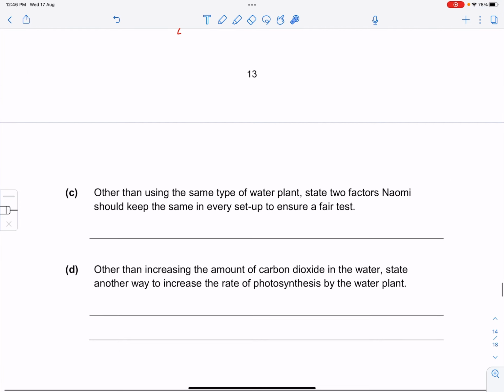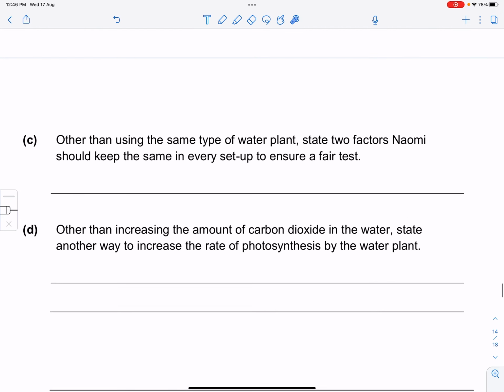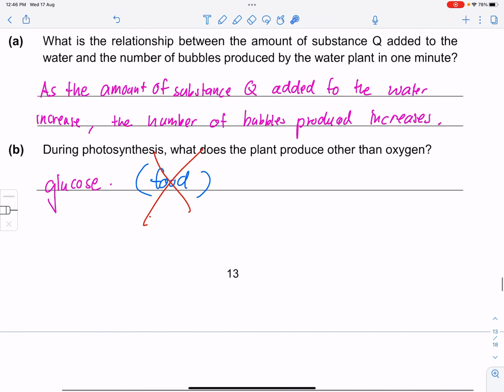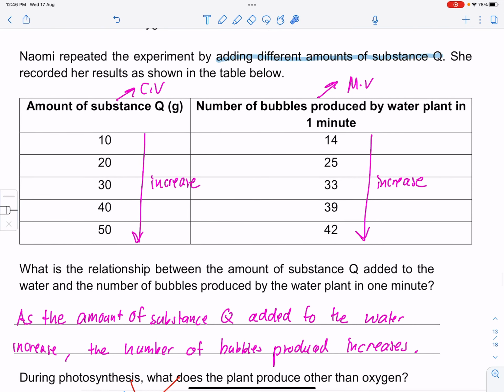Next. Other than using the same type of plant, state two factors Naomi should keep the same in every setup to ensure a fair test. Basically everything, except the change variable. And don't tell me the measured variable. This is the measured variable. The measured variable is something that you cannot control. It depends on the experiment. Whatever you obtain from the experiment, you cannot control.